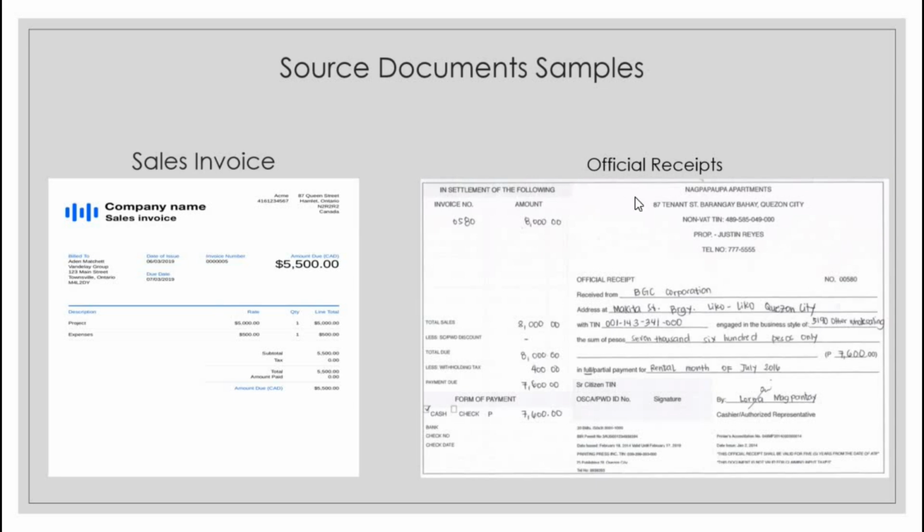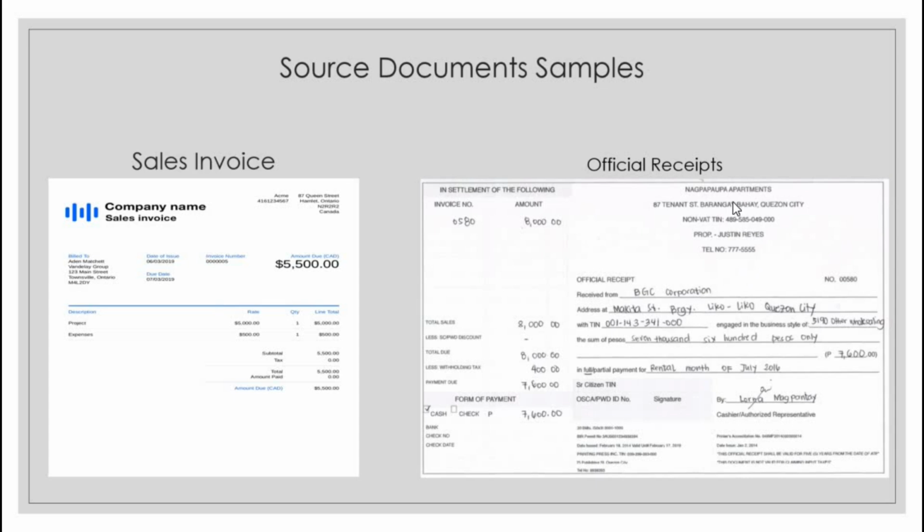Okay, another is the official receipts. So ito naman, this signifies that you received a cash. So, for example, here, if this is your receipt, if this is your OR, you issued OR. In this case, si Nagpapaupa Apartments nag-issue siya ng official receipt kay BGC Corporation.